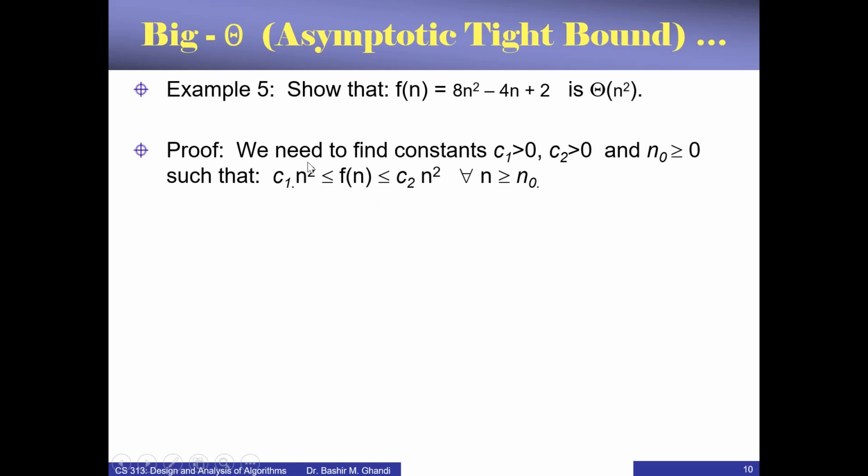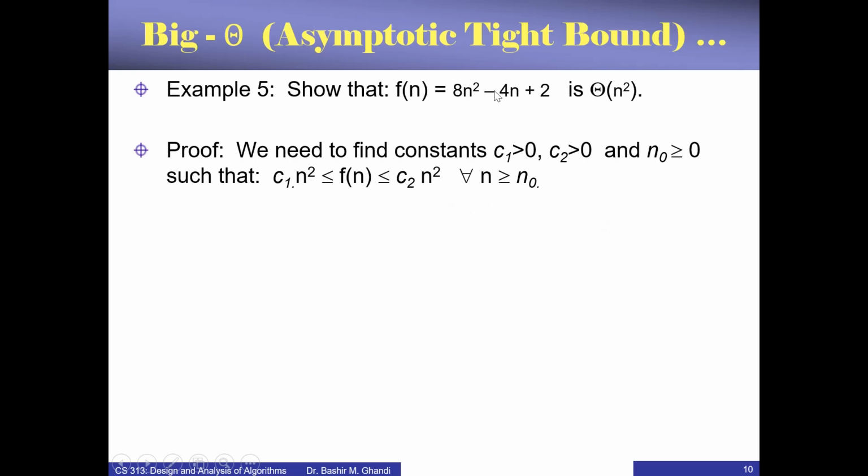That C1 times our Gn, which is n squared, should be less than or equal to Fn, which should be less than or equal to C2 times our Gn, and that should be true for all values of n greater than n naught. Now this is where you need to be a bit careful.